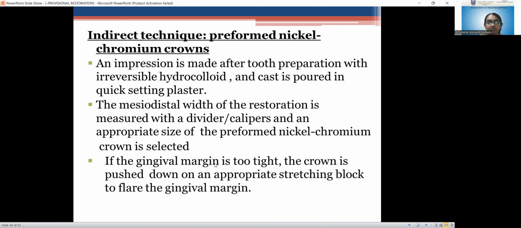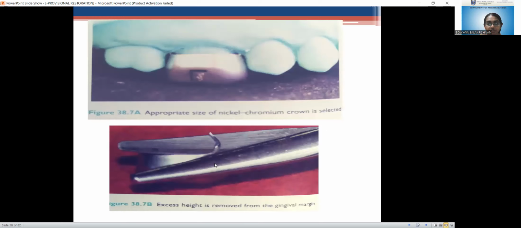In this case, the same procedure. There will be preformed crowns available in the kit, and we have to select the appropriate size of the nickel chromium crown. Then the excess height is trimmed from the gingival margin. After selecting the appropriate size, we can extend the cervical margin and push the crowns onto the cast.